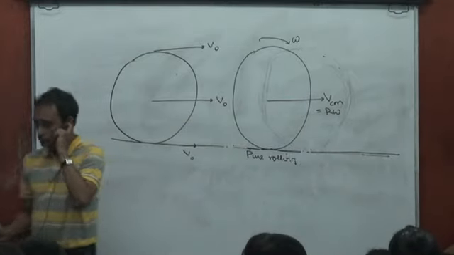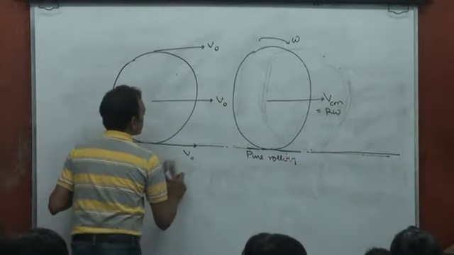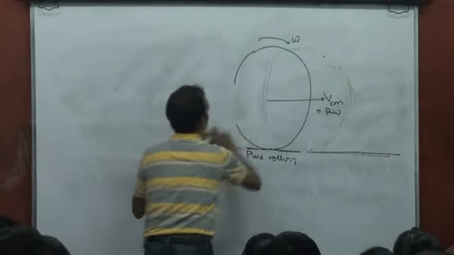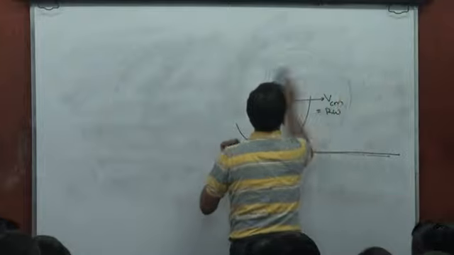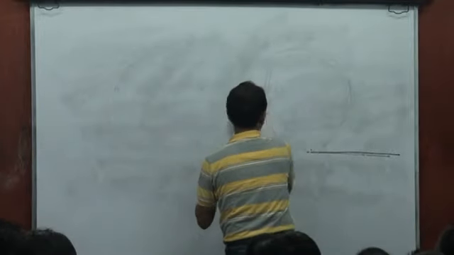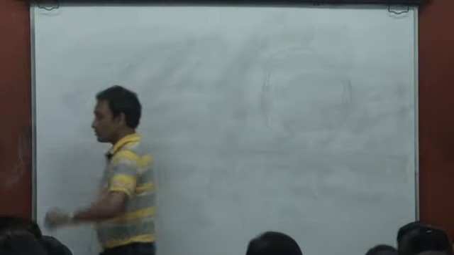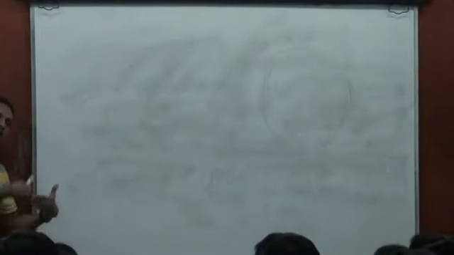Now, let me look at another possibility. This was one where I started to translate the rigid body, and eventually rolling conditions commenced for a disk.